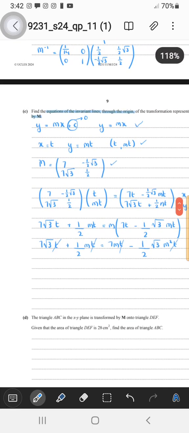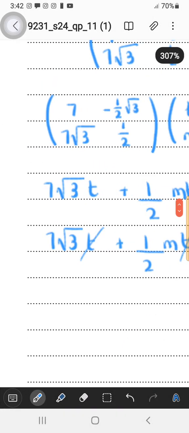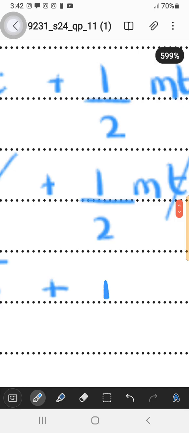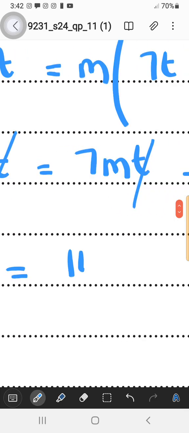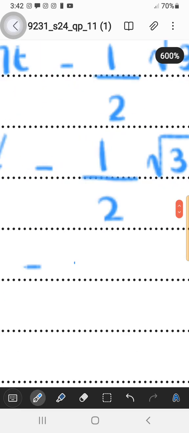Before that, I want the equation to be fractionless. So I took 2 as LCM, so here it becomes 14 under root 3 plus m equal to 14m minus under root 3 m square.